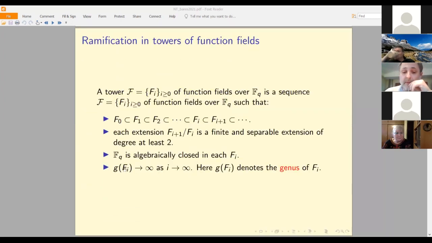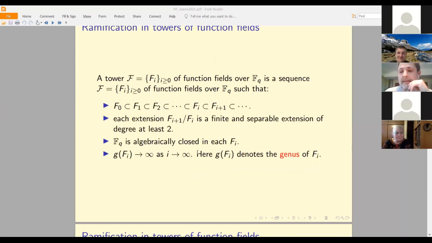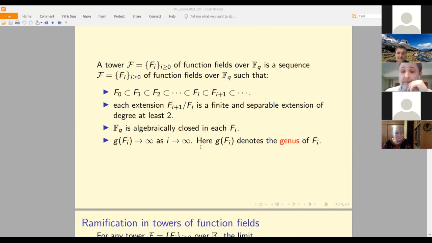And then you ask that the genus of F_i goes to infinity as i goes to infinity. This is because you want a lot of rational places, and by the Hasse-Weil bound, you are forced to have the genus going to infinity. So this is the most used definition of a tower of function fields.